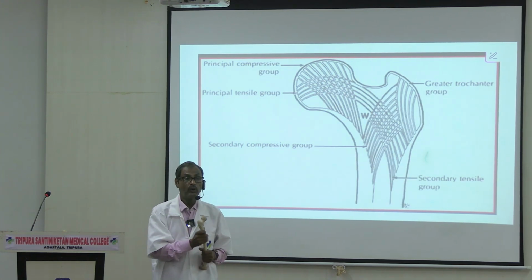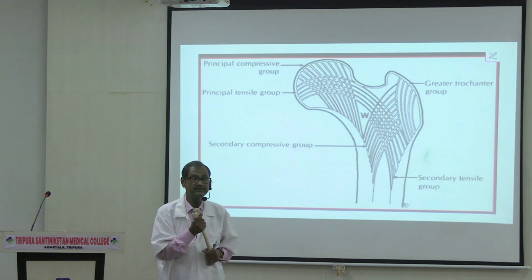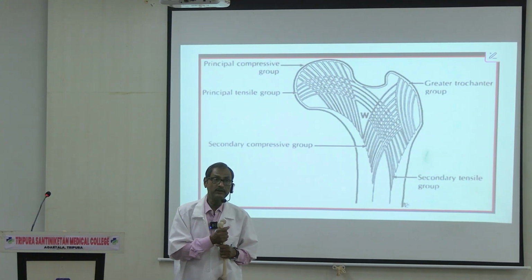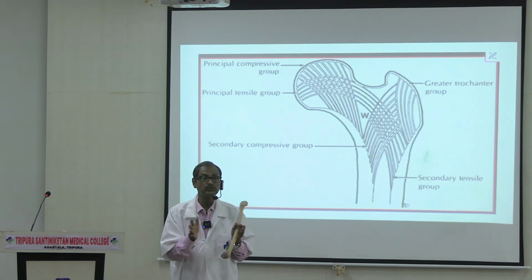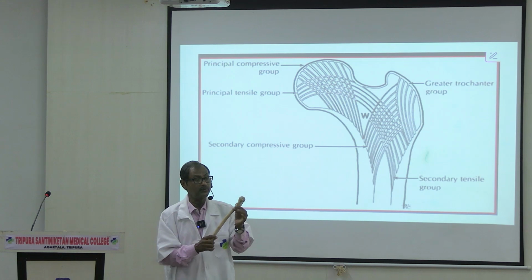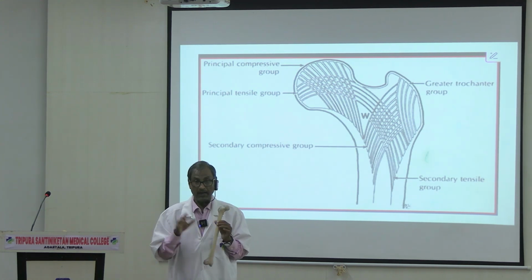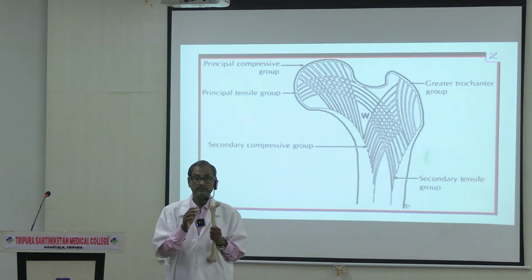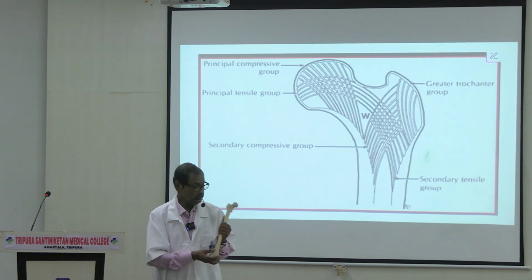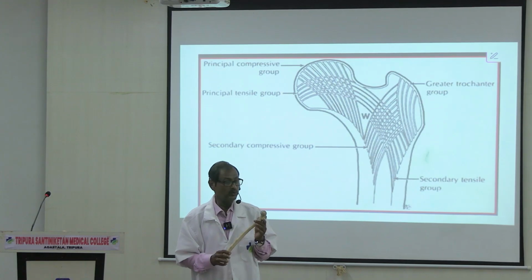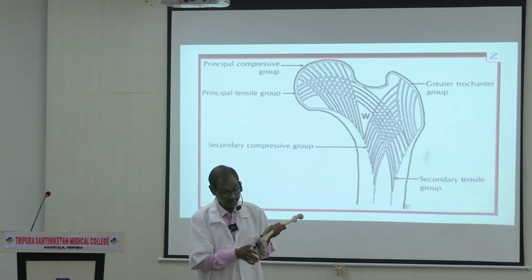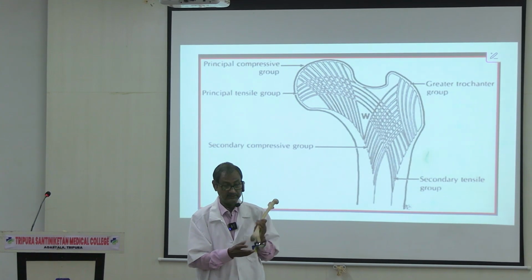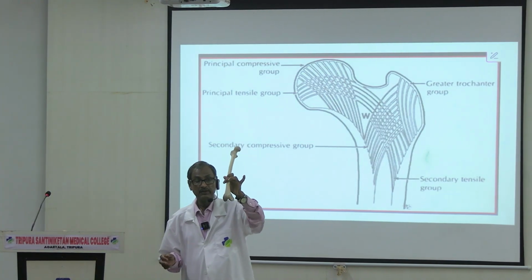What is spongy bone? Here the trabeculae are arranged in a loose pattern, but here the trabeculae are arranged in a tight pattern. The loose pattern is most important in the metaphyseal area of the bone. A bone has an epiphyseal area, which is fused now but before fusion of the epiphysis there was the physis.